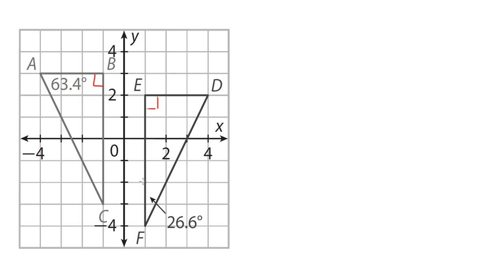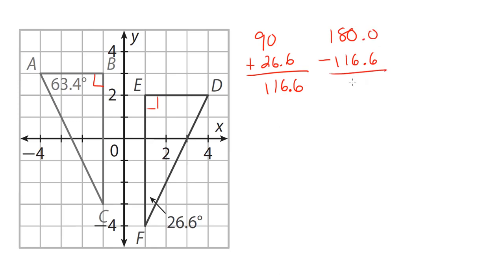Remember that the sum of all three angles in any triangle is 180 degrees. So if I add angle E and angle F together, 90 plus 26.6, I get 116.6. And if I subtract that from 180, I get 63.4.